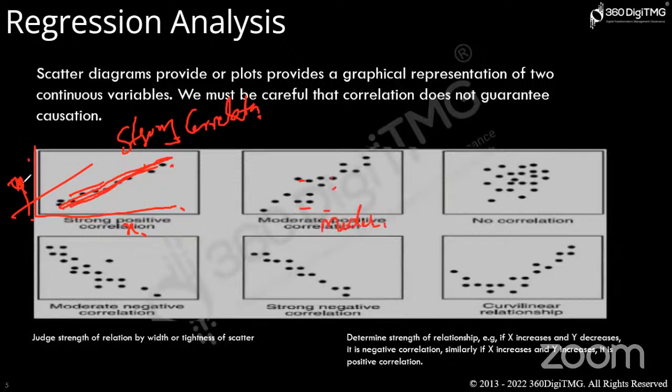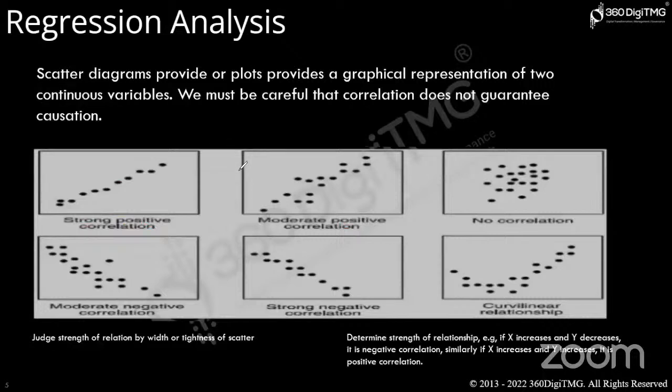So whenever you are increasing the x value, if the y value is also increasing, in that case you can say it is a positive relationship. If it is near to one line, in that case you can say positive strong relationship, positive strong correlation.